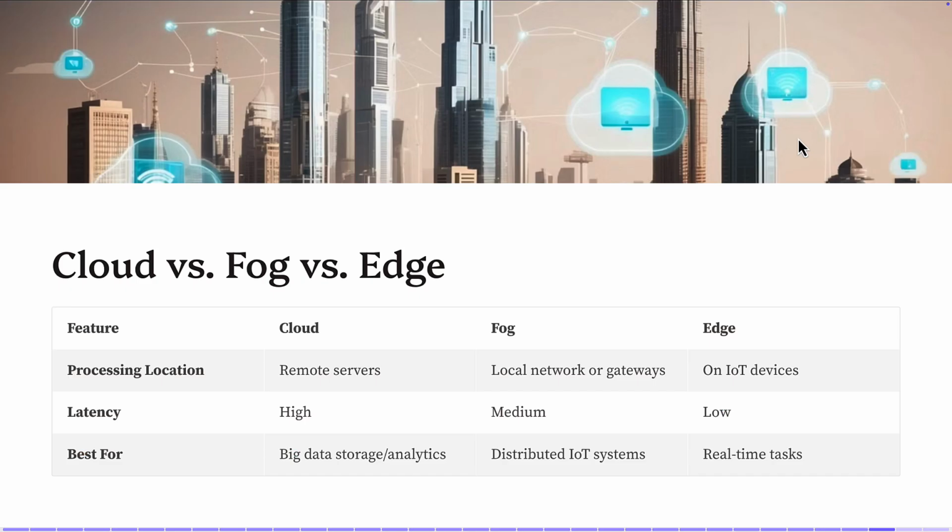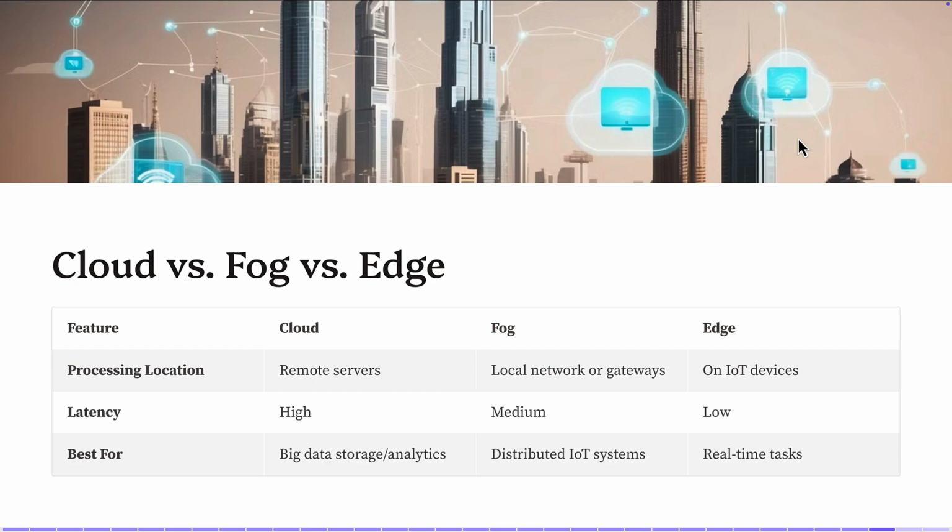Okay, so to summarize, the difference between cloud, fog, and edge, we can see it from different perspectives: processing location, latency, and the application. So in the cloud, the processing location is on the remote servers. On the fog is local network or gateway, something in between.